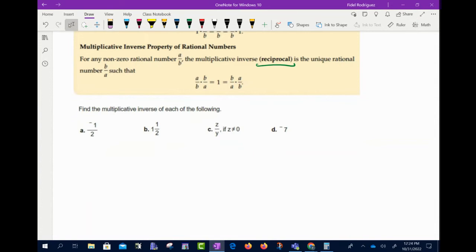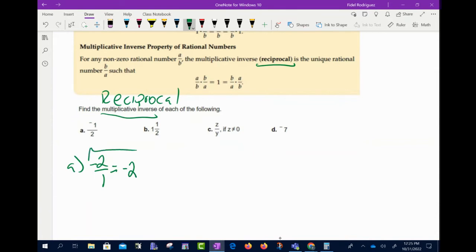When it says find the multiplicative inverse, it just means we are looking for the reciprocal, okay? So for part A, the reciprocal of a negative 1 over 2 would be a negative 2 over 1. Now, I'm not certain how MyLab is going to ask you to do it, but I know that when I take a number and divide it by 1, it's really just whatever I have on top, okay?